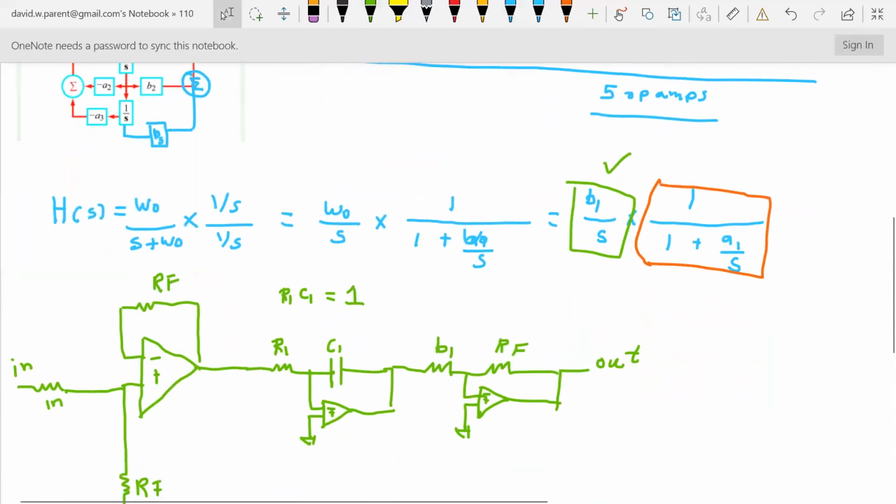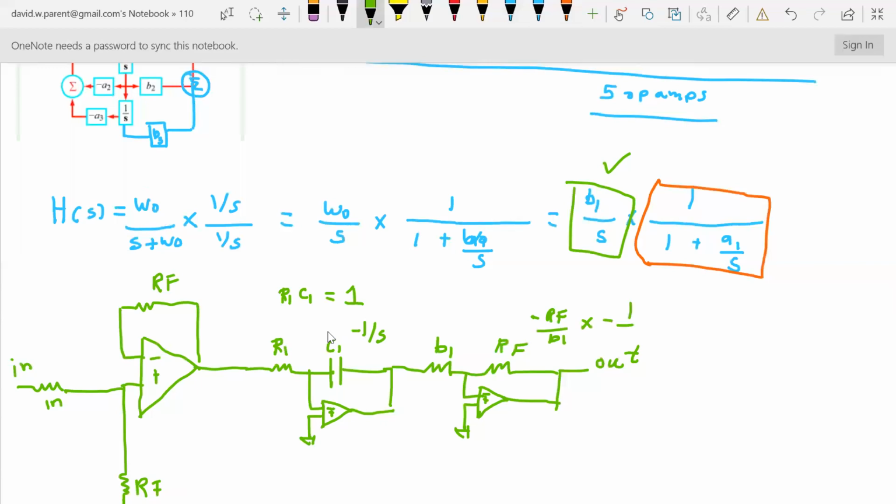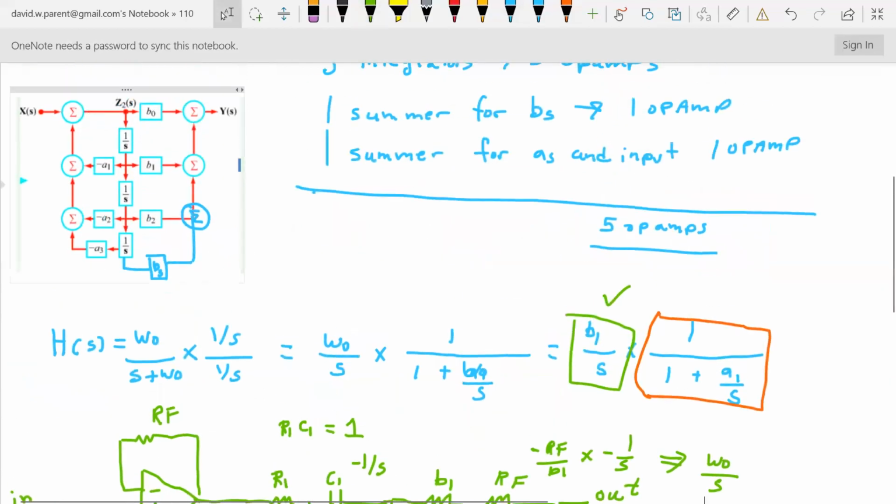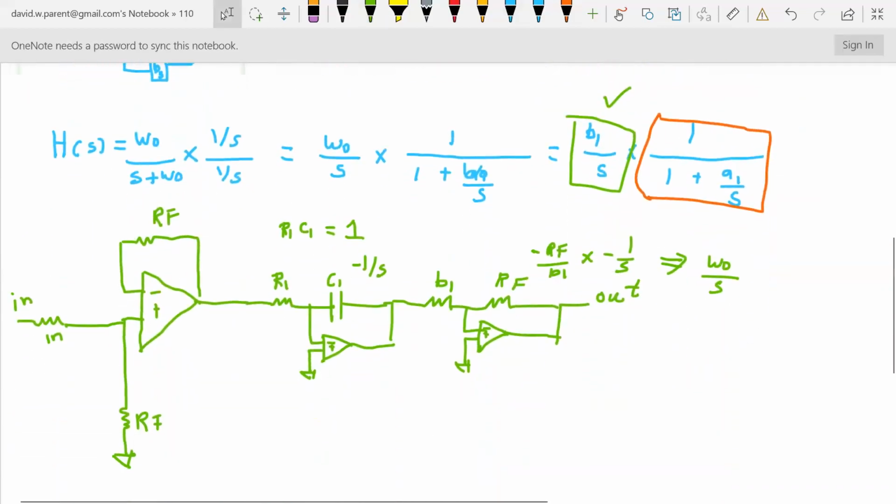So yeah, this transfer function was minus 1 over S, and then this will be minus RF over B1 times minus 1 over S, which will ultimately give us our omega naught over S term. Now, this is negative feedback, so this constant is supposed to be minus, right? Well, it's already inverted, okay?